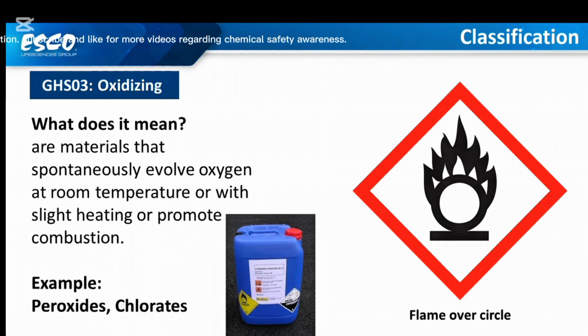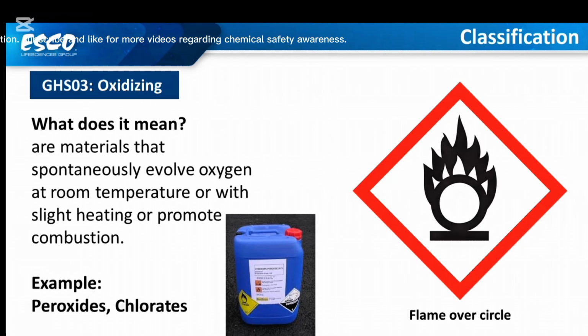Then we have the oxidizing family, which the code is GHS03, a material that spontaneously evolves oxygen at room temperature or with slight heating, or promotes combustion. Examples are peroxides and chlorates.